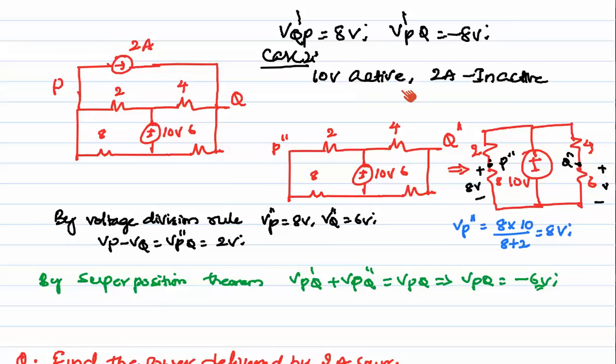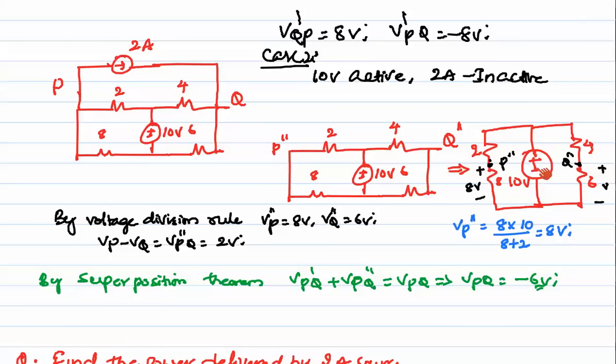Next, case 2. Here 10 volts is active and 2 amps is inactive. Making the 2 amp source inactive means we open circuit the 2 amp source. This is the actual diagram, and we have opened this circuit here. Now I want to know VP double dash and VQ double dash.